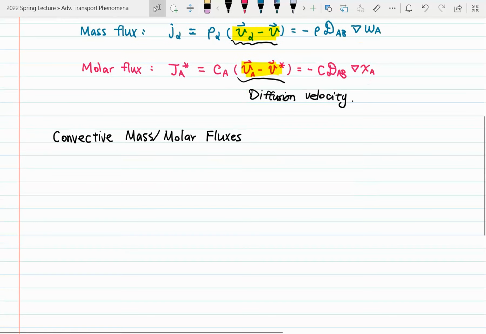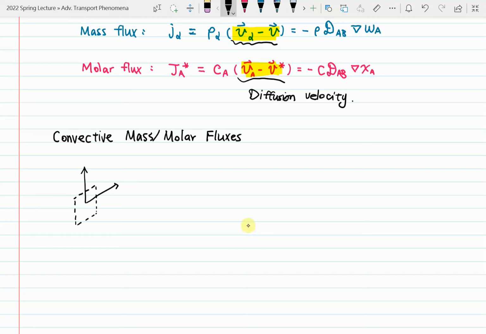again, let's draw a control area, dS, just as we did for the convective energy transport. We have this control surface, with x, y, and z axes.